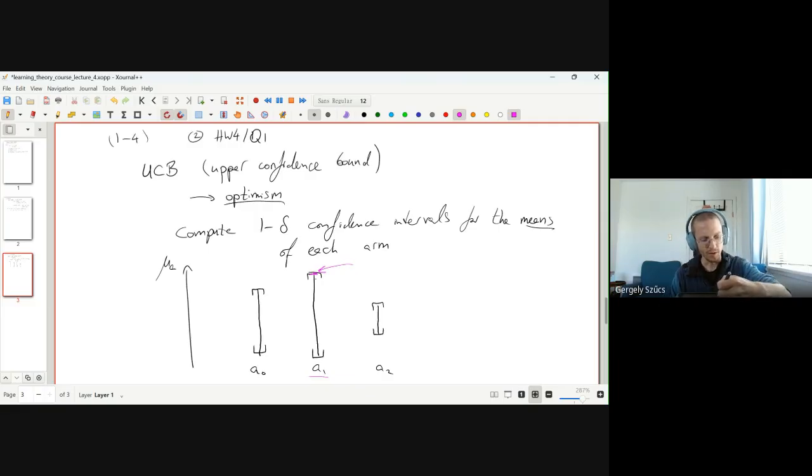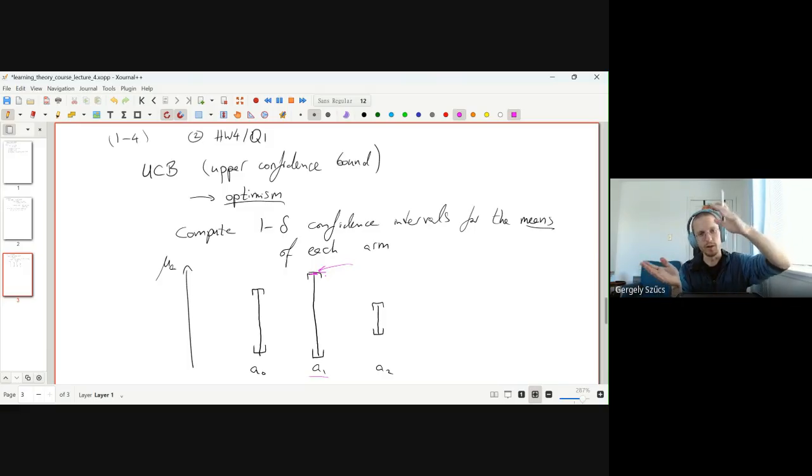On a high level, in this case we would choose A1, but it also has the widest confidence interval, which means we're kind of uncertain about it. But as we're optimistically picking it, we're also pulling that arm more and more, which means that the confidence interval will decrease.